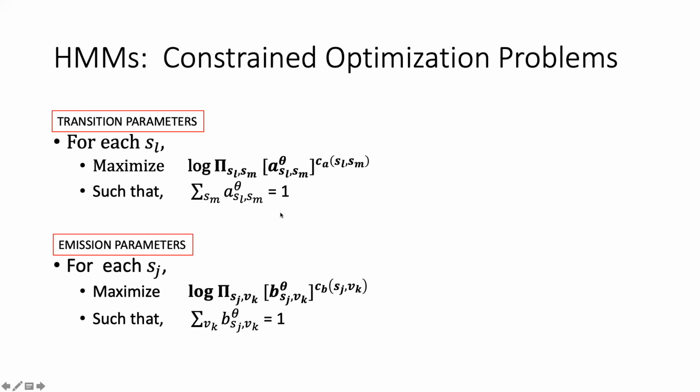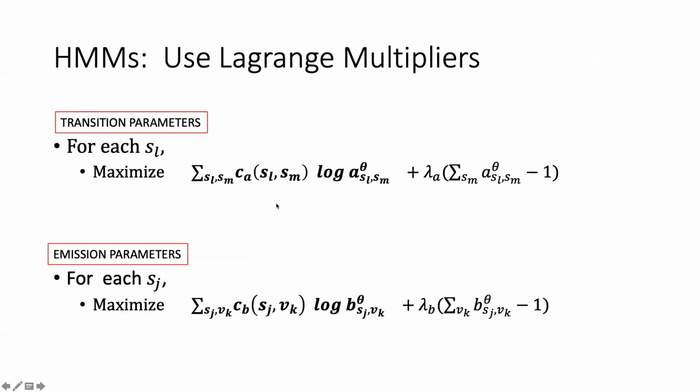So these are solved using Lagrange multipliers. Using the Lagrange multipliers, we can introduce the Lagrange variable and try to maximize this particular objective function for transition parameters, and the corresponding expression for the emission parameters is this one.